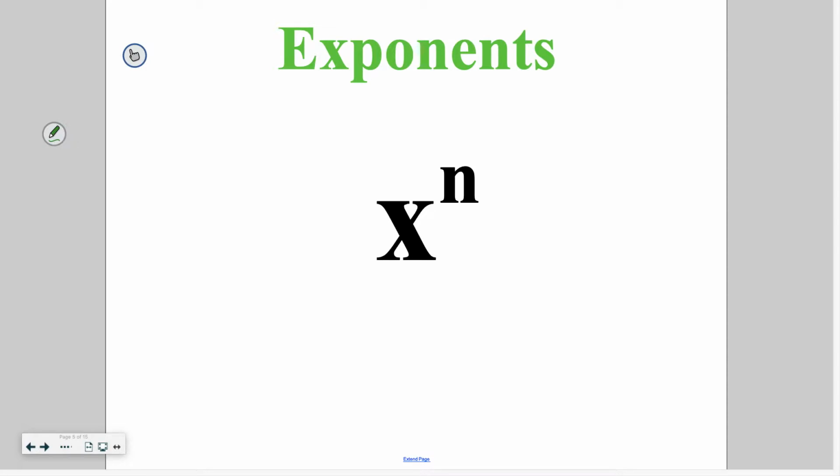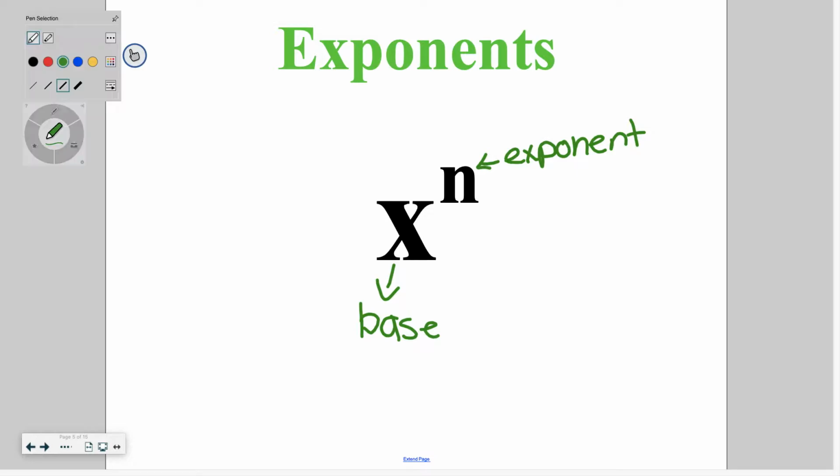Another thing I want to review quickly is exponents. Remembering the meaning of exponents and what we are talking about here. The large part, in this case the x, is called the base number. The n up top is what we call the exponent. Reminder that what this means is the base.